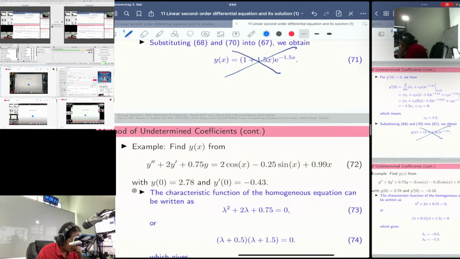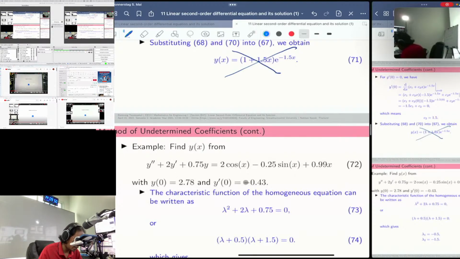And they also provide two initial conditions, one without differentiation, without derivative, and one with derivative.